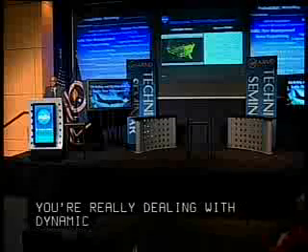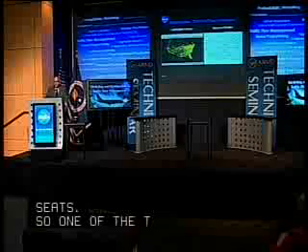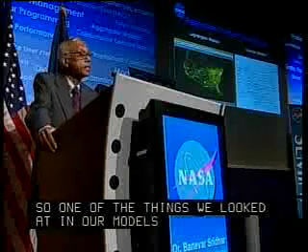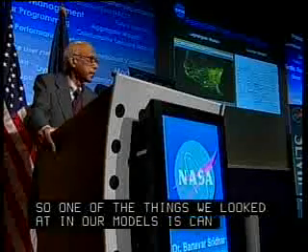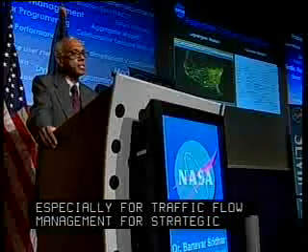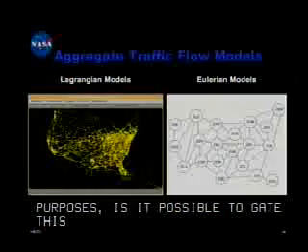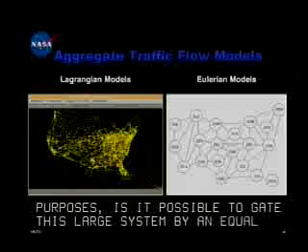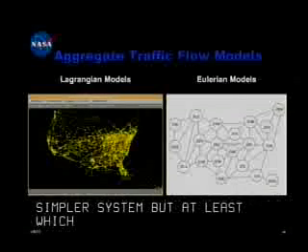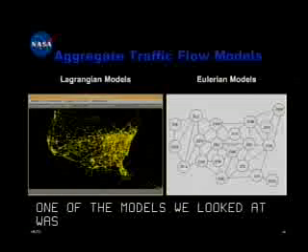So one of the things we looked at in our Eulerian models is, for traffic flow management, especially for strategic purposes, is it possible to aggregate this large system by an equivalent, simpler system, but one which at least captures the essence of the traffic flow? And one of the models we looked at was, can we approximate this by a model where the states of the system are how many aircraft there are in a given region.